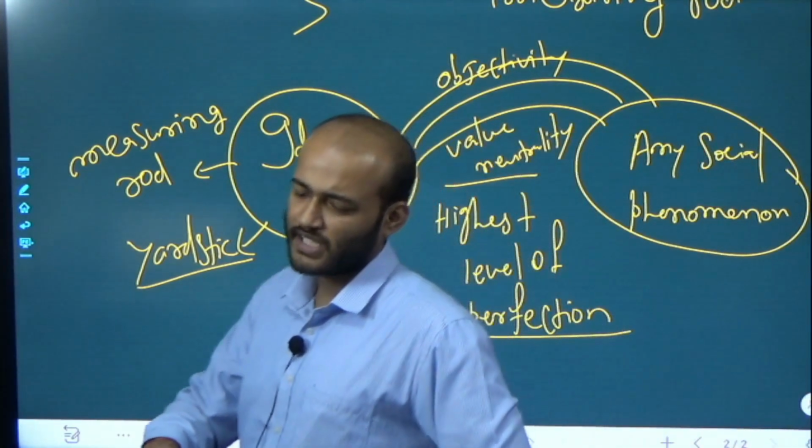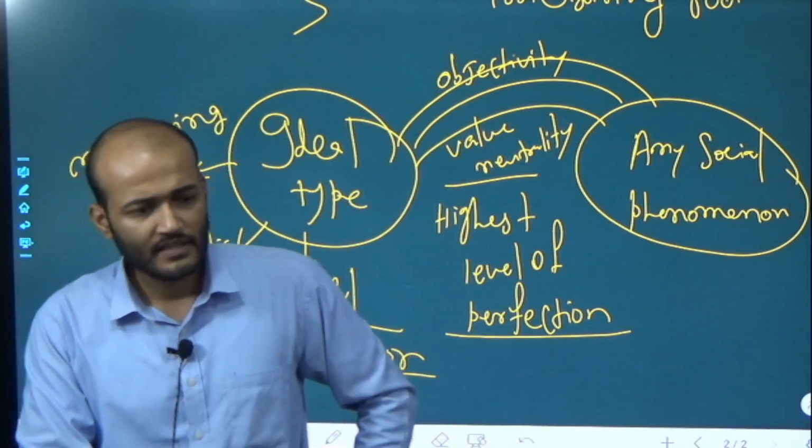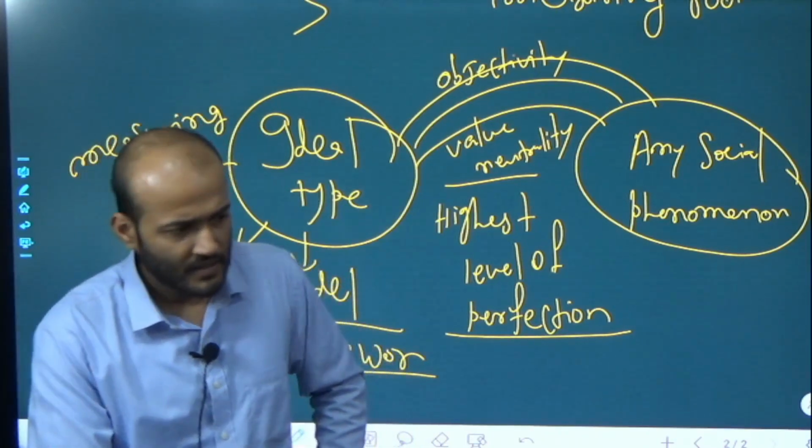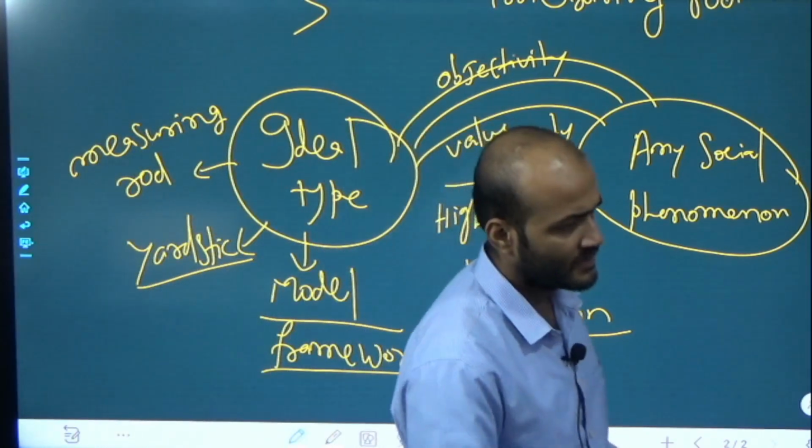First write: historical kind of ideal type.